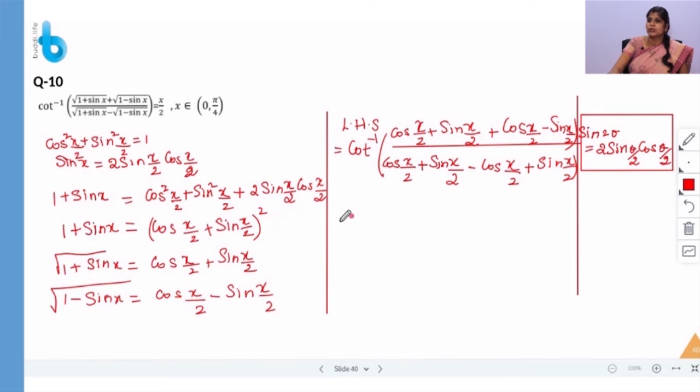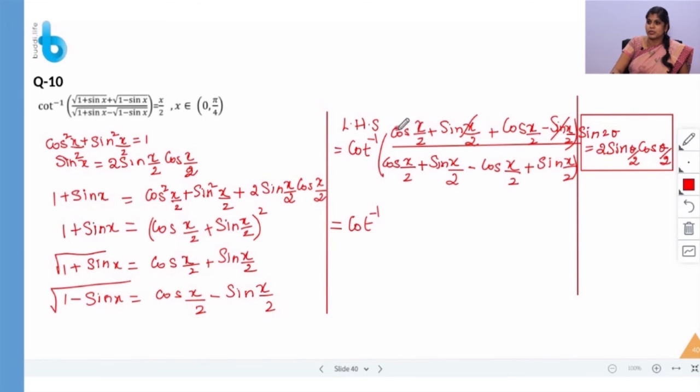Now look at the numerator. Sin x by 2 plus sin x by 2 and minus sin x by 2 will become 0. And so what is remaining in the numerator?